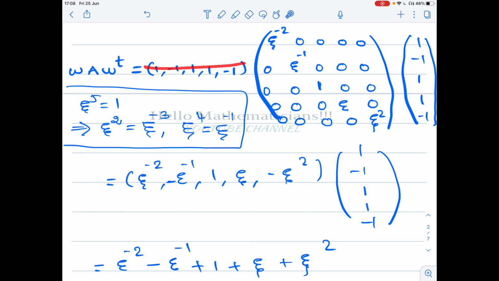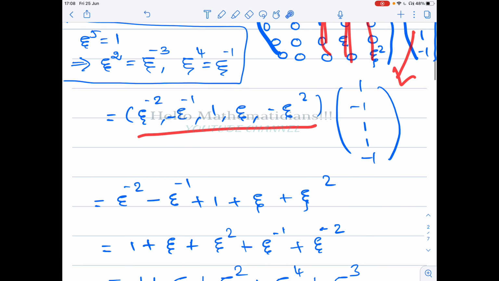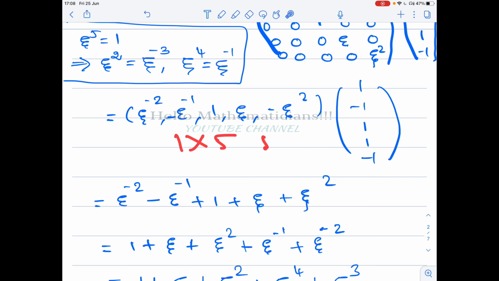Similarly, this row, this column, this row, this column will give me this vector. Then finally, I have put this vector. Now we have to multiply these two vectors. Basically, we are calculating the dot product, or you can see this is a 1 by 5 matrix, this is a 5 by 1 matrix. You can multiply them, you'll get a 1 by 1.